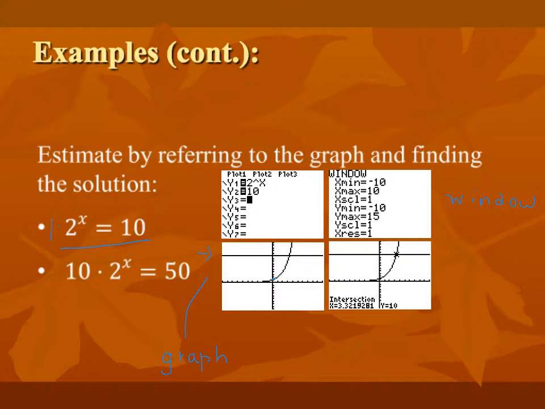What I'm looking for is this place where the exponential function y equals 2 to the x power intersects the horizontal line at y equals 10.